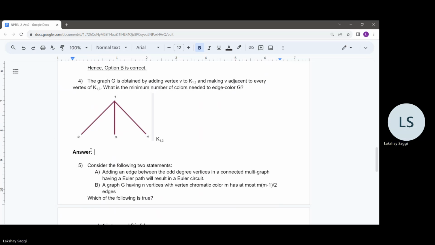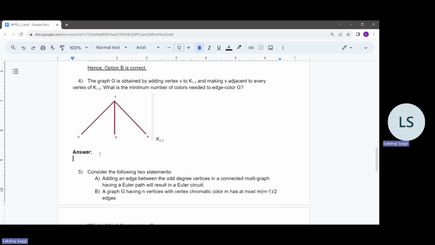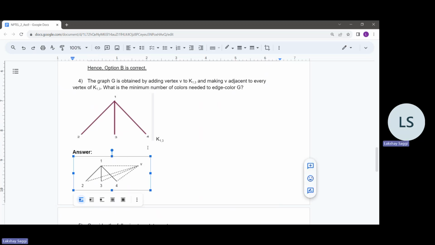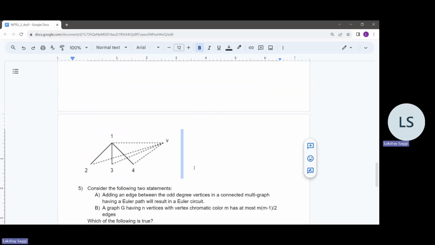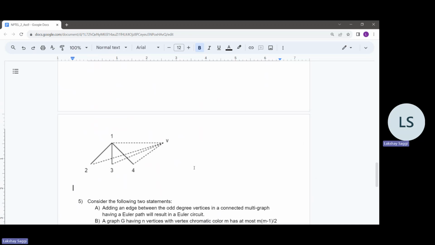Let me just add the image. So this is what the image looks like. We had this K13 graph. The solid edges denote the initial K13 graph.